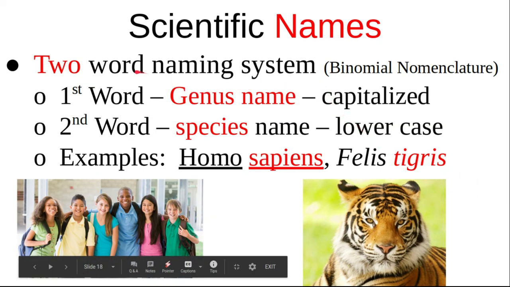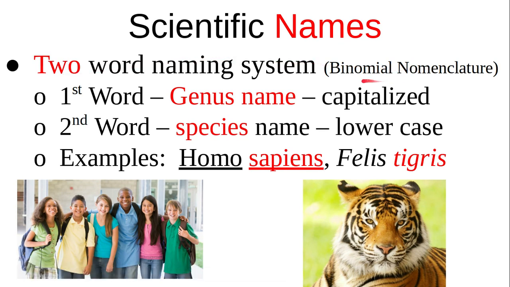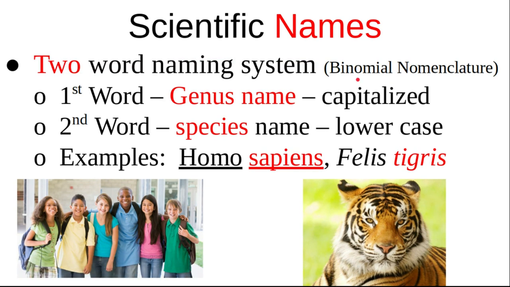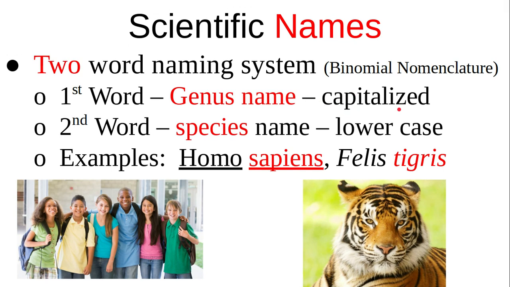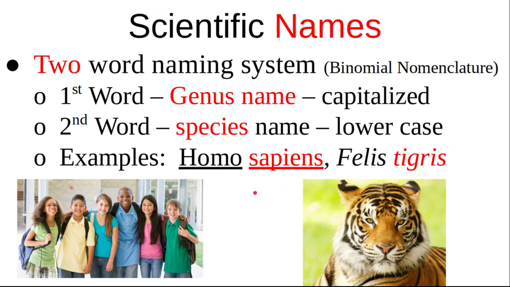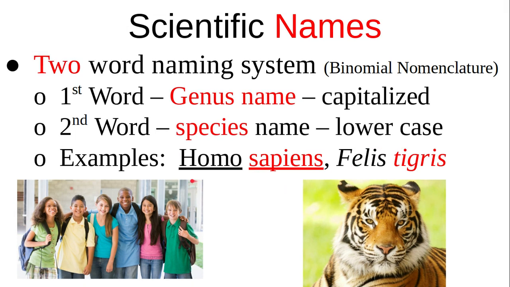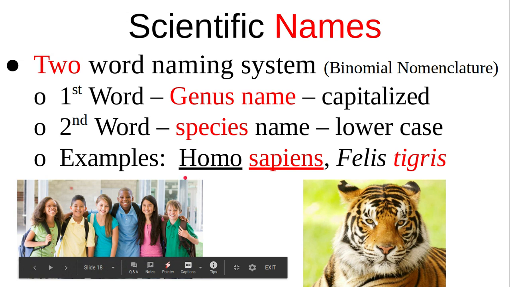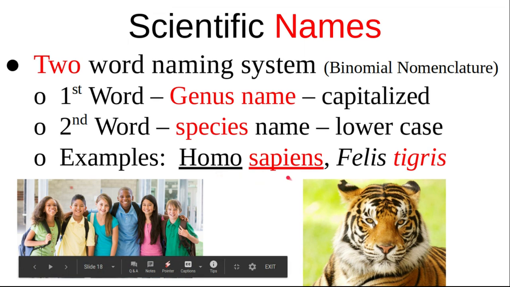So in this scientific naming system, this two-word naming system, also called binomial nomenclature, there's going to be two words in the name. The first word is going to be the genus name, and that is typically capitalized. The second word, that is the species name. It is lowercase, normally. So for example, we could see here for humans, we are from the genus Homo and the species sapiens.